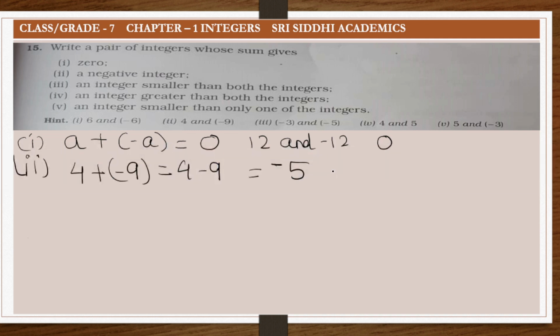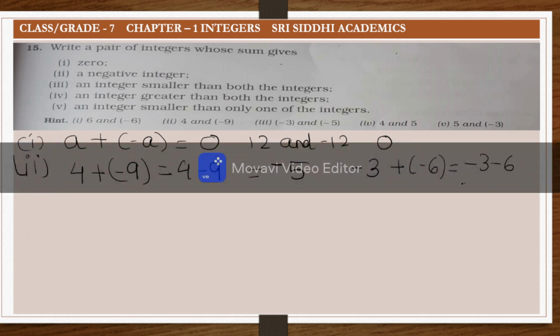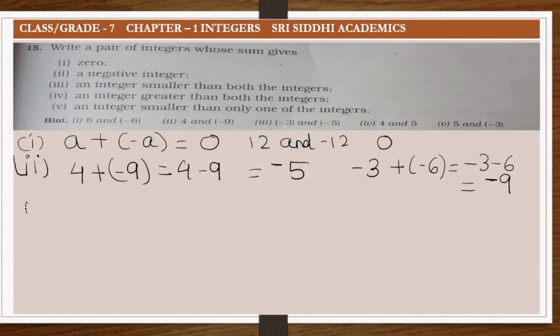So minus will come in the answer. Or you can take two negative integers here, minus 3, and add it up with minus 6. Two negative integers, if you add them up, will be minus 3 minus 6, and you have to do like sign integers, so you have to add them up. It will be 9 and their sign minus will come in the answer. It will be minus 9, again a negative integer. Your wish. Only thing is that the answer should satisfy the condition given to us in the question.